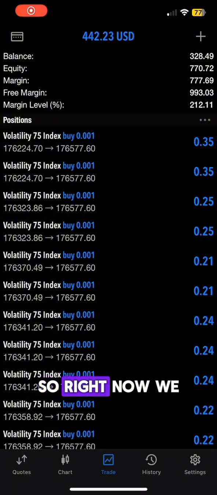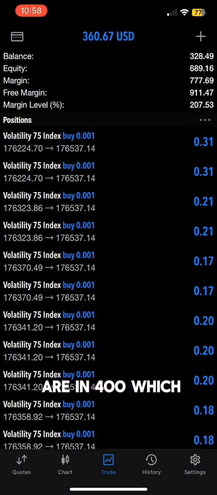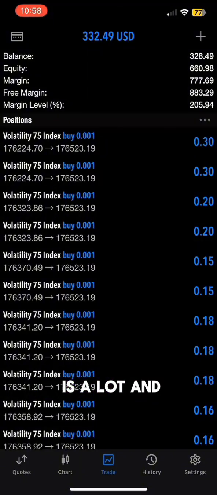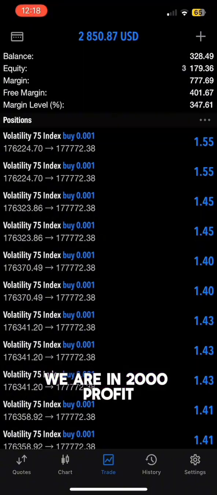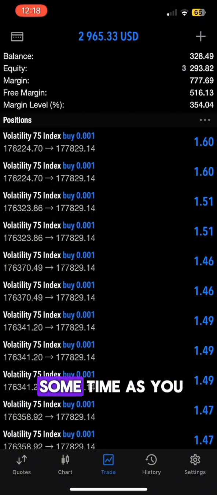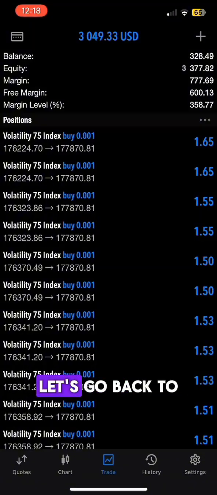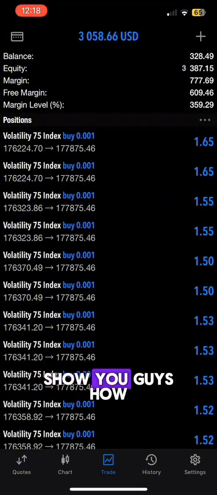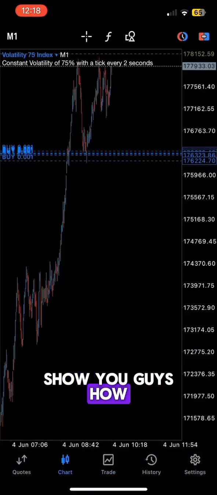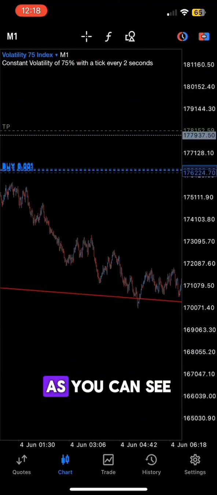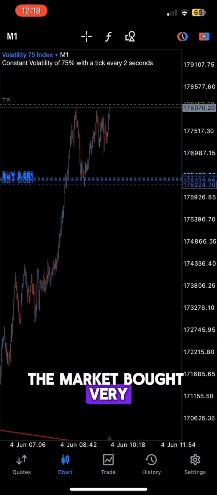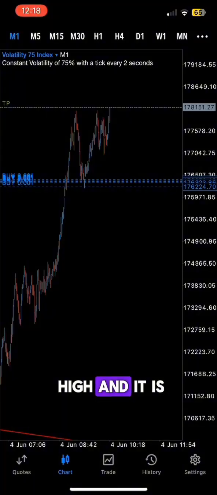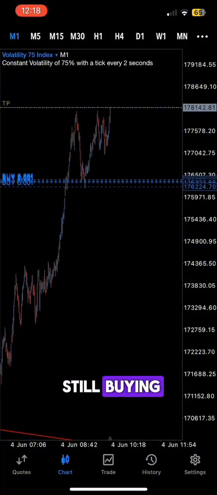So right now we are in 400, which is a lot. And then boom, we are in 2000 profit. So this was after some time. As you can see, let's go back to the chart so that I can show you guys how the market went. As you can see, the market bought very high and it is still buying.